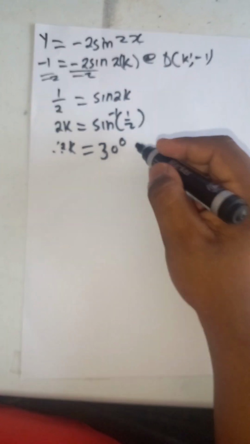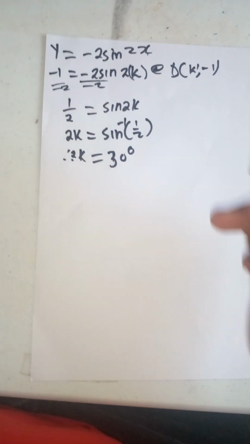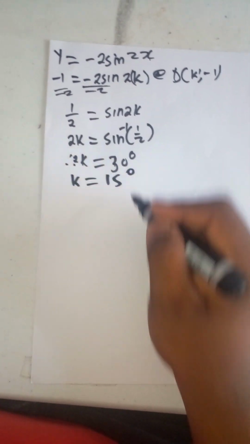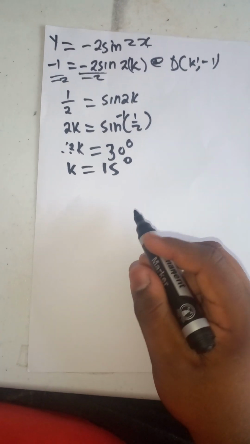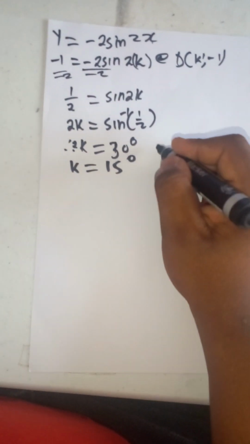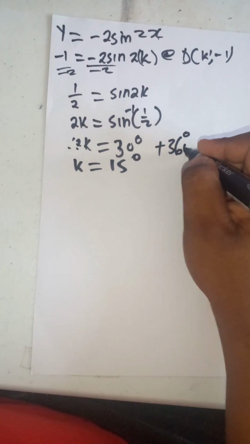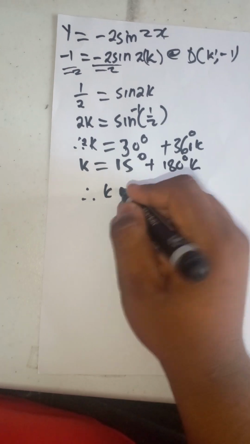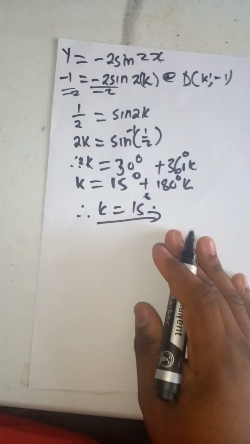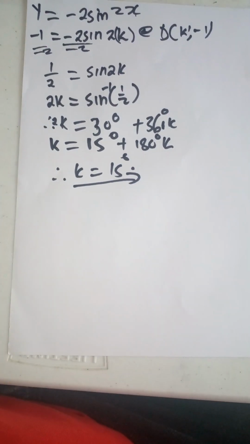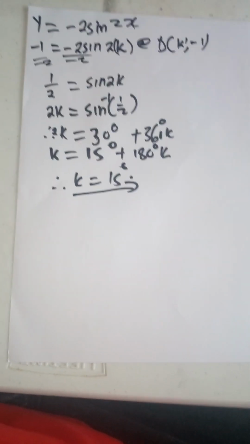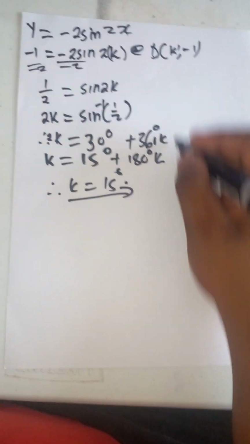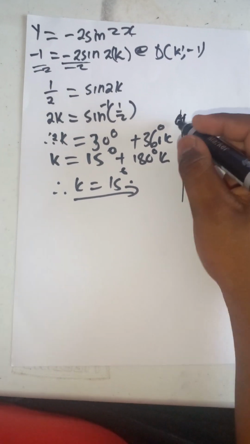So you can simply say 30 degrees plus 360 degrees k, but now they are not looking for the general solution, so my value of k will be 15 degrees. This is the first value of k, right? Now they said determine the values, but in this case I'm going to get 2 values there. So now let me use the other one, so I can say or.